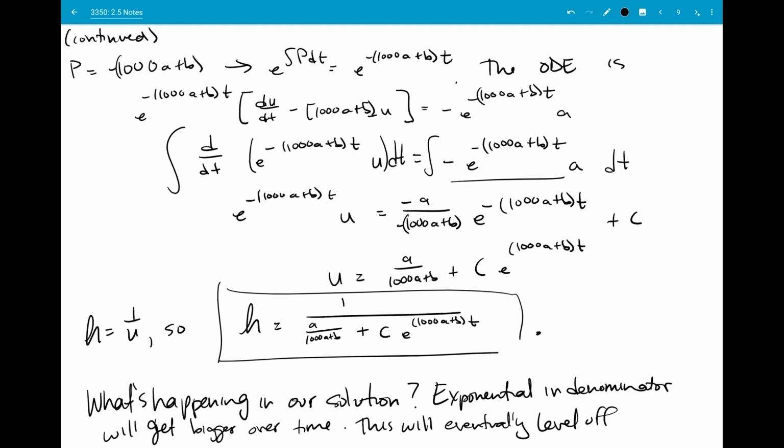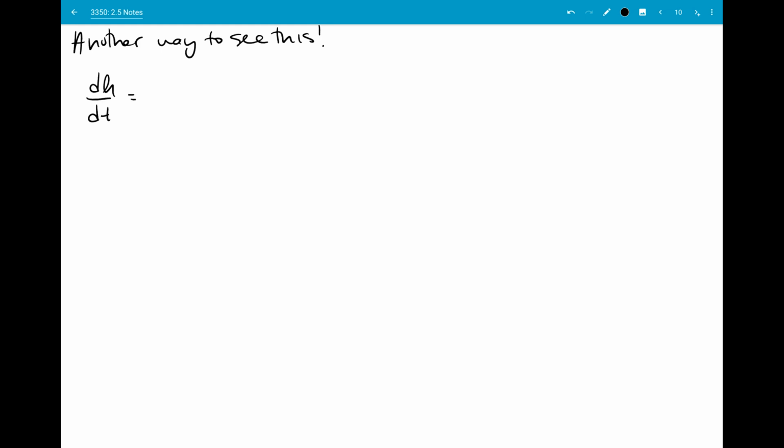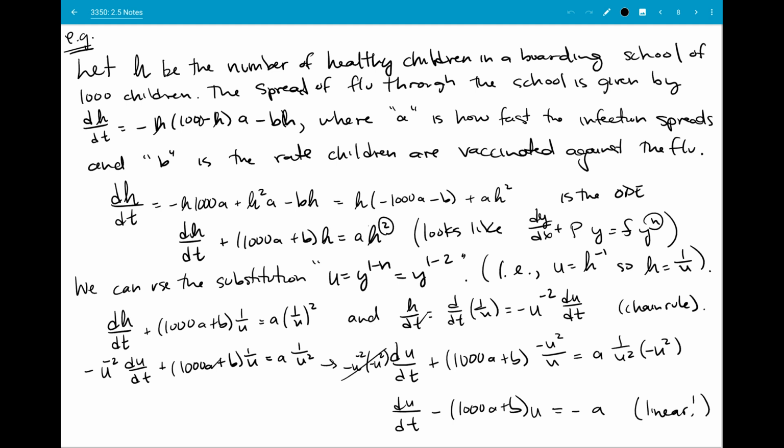It won't go to 0 because there is this other term in the denominator. And then there's actually another way to see this, though. So we had this dh dt equal to, let's see, minus, this term is what I want to be looking at.